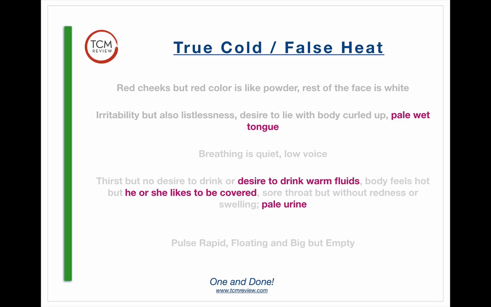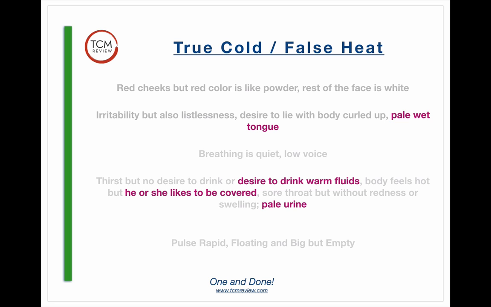That's what we see. But notice that the key symptom students associate with yang collapse is missing. What is that? Yeah, the oily sweat isn't here, and that's perfectly okay. These two patterns come from the theory of diagnosis based on 8 principles, whereas when we think of oily sweat as a symptom of yang collapse, this comes from the theory of diagnosis based on qi, blood, and body fluids.